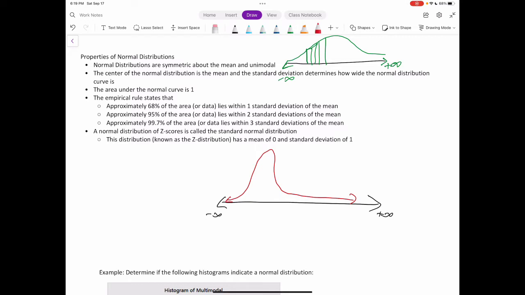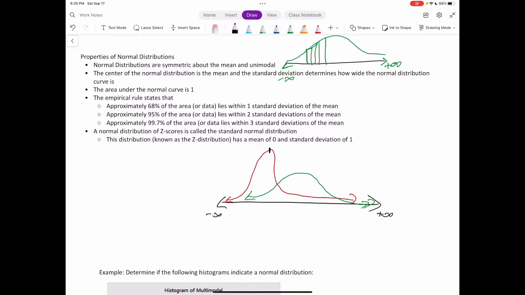So let's say that's one, and then let's say we have another normal curve. Actually, let me draw that a little better. Let's say we have another normal curve that does something like this. Okay. All right, so what we have here in the red and the green are two separate normal curves. Well, how do we know the difference between them? Well, the center of the distribution, right, just go to the peak.